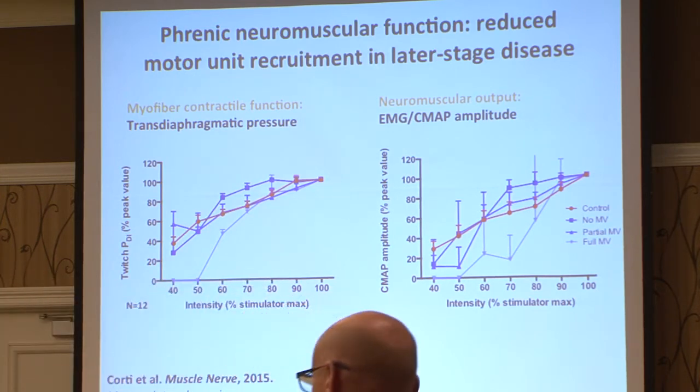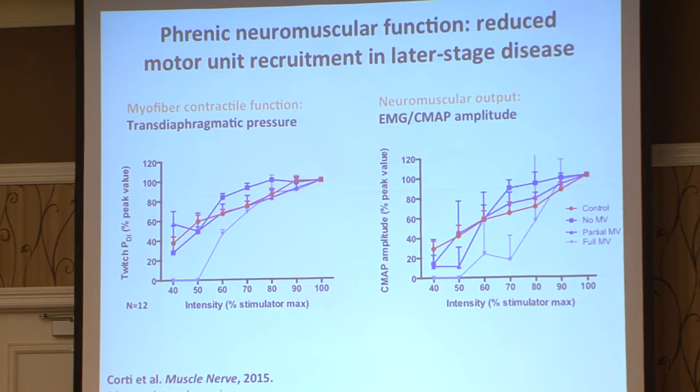And what we find is that there may be some difficulty with muscle and with the motor unit generating an action potential and generating some pressure, but for the most part, recruitment is fairly typical, except for our lightest colors, both on the left and the right side, which tells us that recruitment becomes problematic. So getting motor units to be recruited at lower levels of stimulation is a problem.